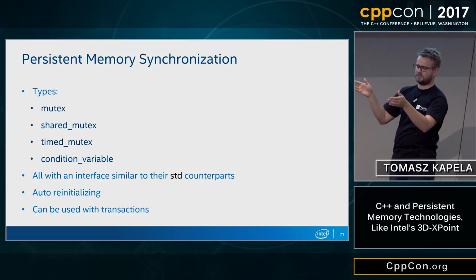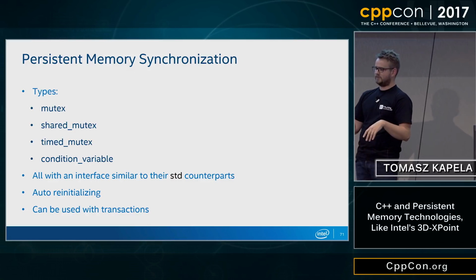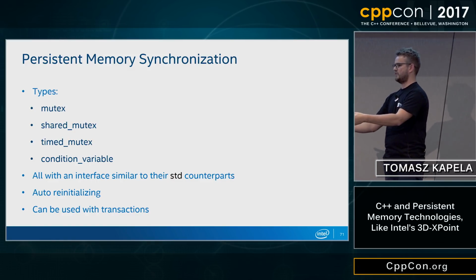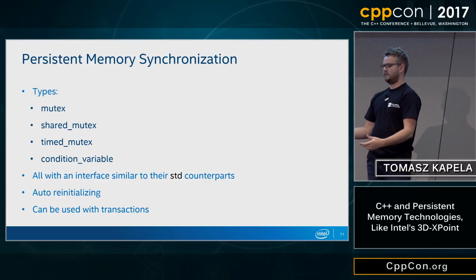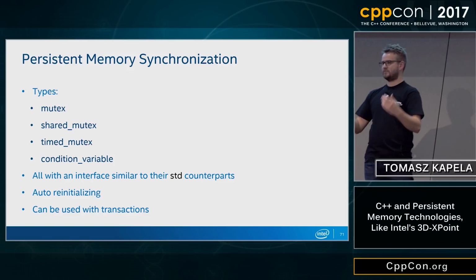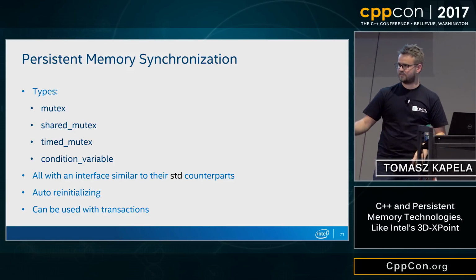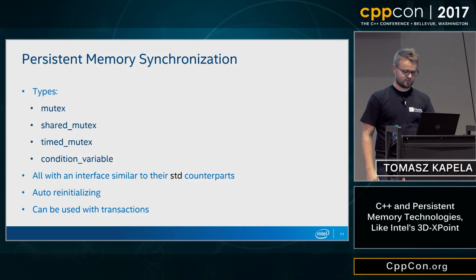So we have a scheme that reinitializes it automatically each time you reopen the pool. So if you use a log, then it gets magically reinitialized with the correct values, and it's fine. You can use it. But that's the only cool thing about these. Other than that, normal mutexes, shared mutexes, and so on.